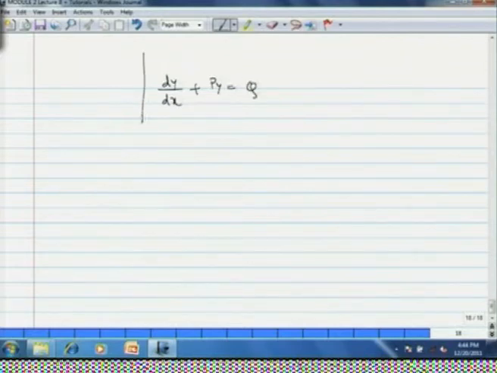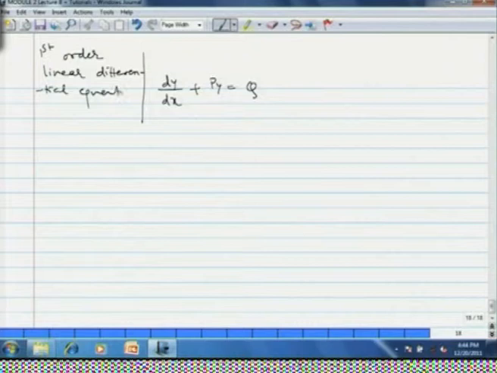Okay. This is the first order linear differential equation in the general form, and what we have is very similar.